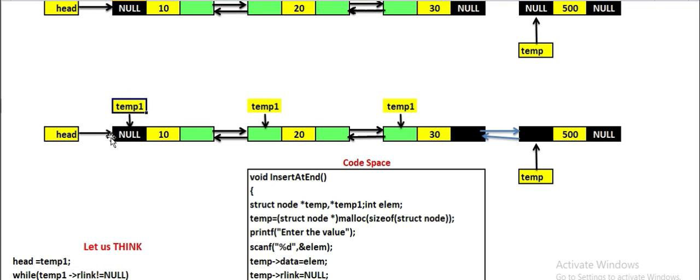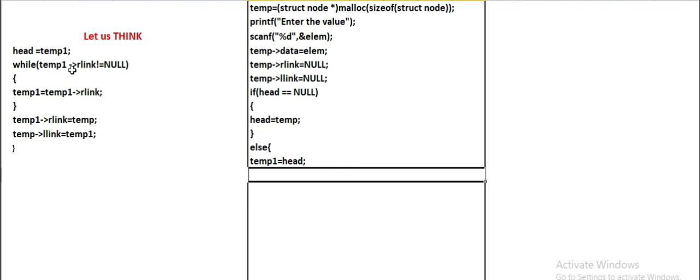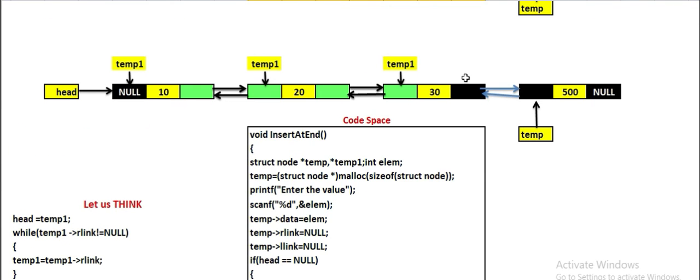we already declared temp1. We'll say that temp1 will point to where head is pointing to, and then we need to move temp1 to the last node.